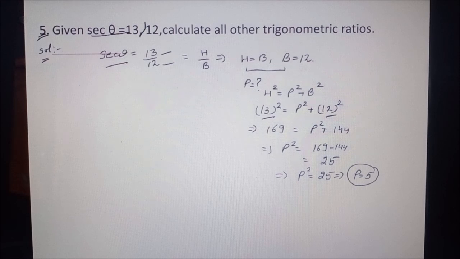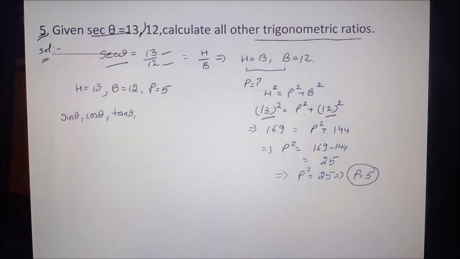So we have all the three values: hypotenuse value 13, base value 12 and perpendicular value 5. Now we have to calculate all other trigonometric ratios. All other trigonometric ratios means sin theta, cos theta, tan theta, cosecant theta. Secant we are given, then our cot theta.